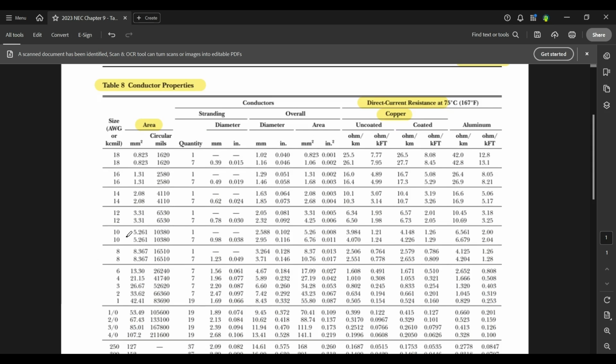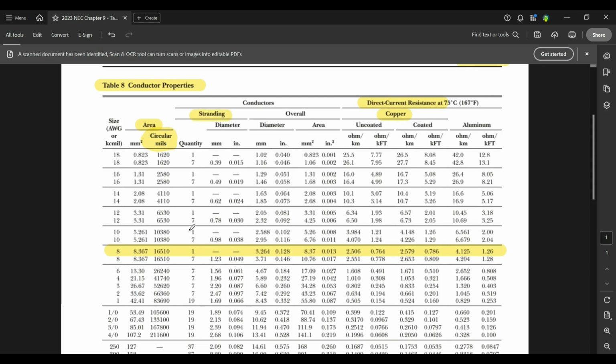So again, whenever we're looking at Table 8, you'll find your wire size, say for example number 8, and you would just follow it straight across, and you can find your circular mills right here, which is what we're going to need for calculating our voltage drop using the formula.